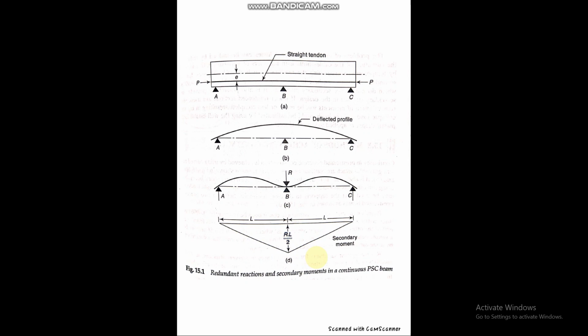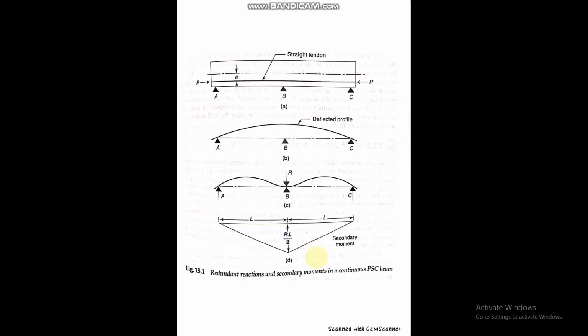So this is the basic concept: what is the primary moment and what is the secondary moment due to the added redundancy. In this chapter, what we are going to learn is how to find the secondary moments.